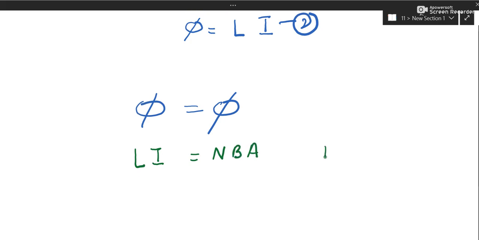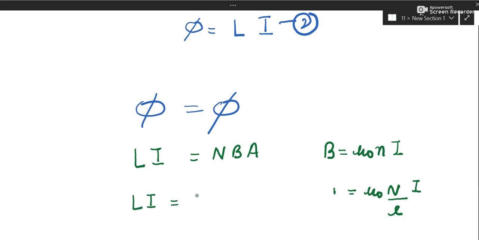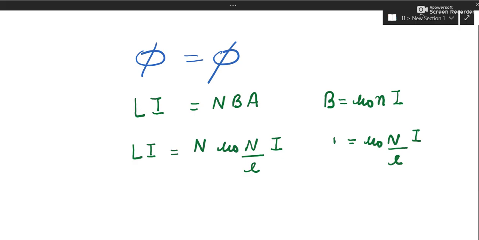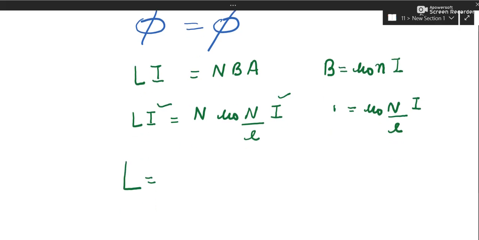Okay, so B, everyone knows, for a solenoid is mu naught n i, and small n can be written as N by L, so mu naught N by L into I. So let us substitute: Li equals N mu naught N by L into I. So I and I will cancel.